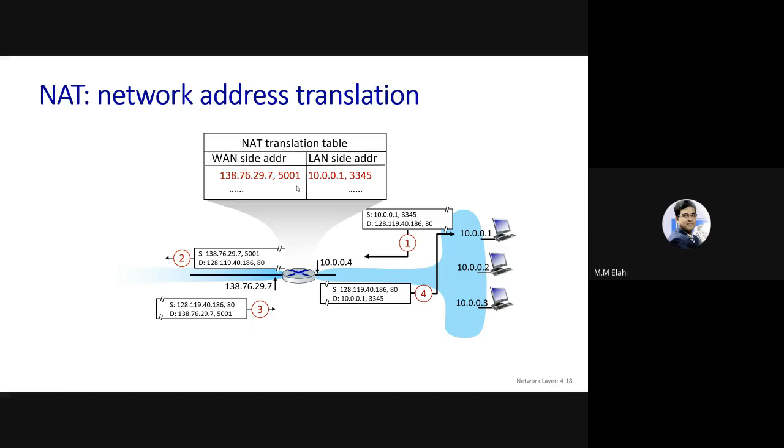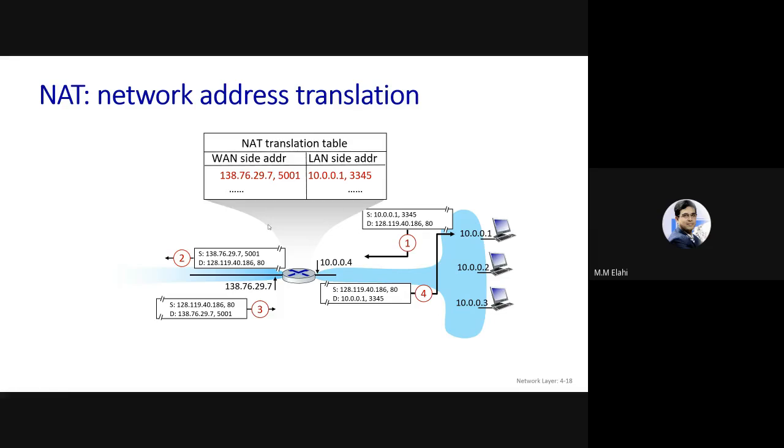But you can see this 5001 will not be in the return reply. Did you see here? This is 3345, not 5001. So for the host, this is not a problem. The host sends with 3345 and receives with 3345. No problem. But the router uses its own port number to actually trace different connections.